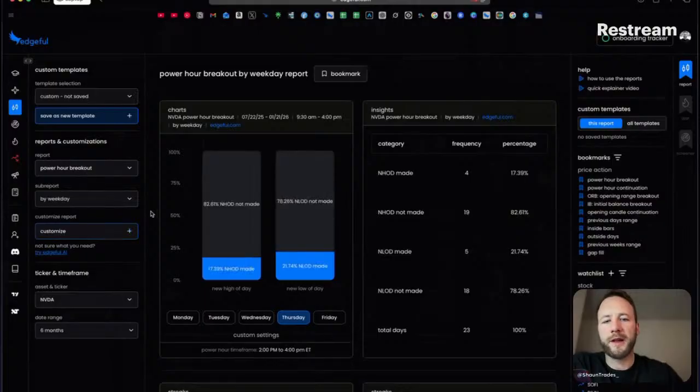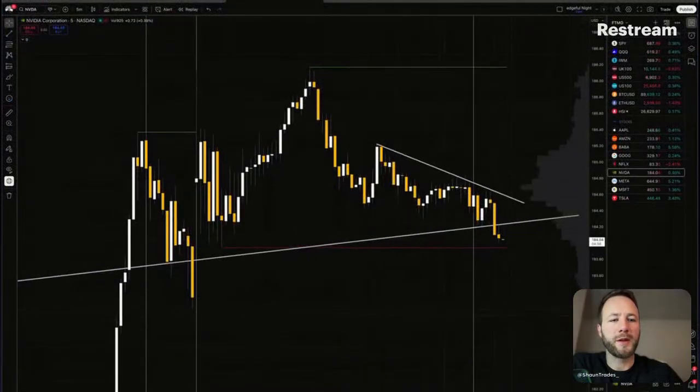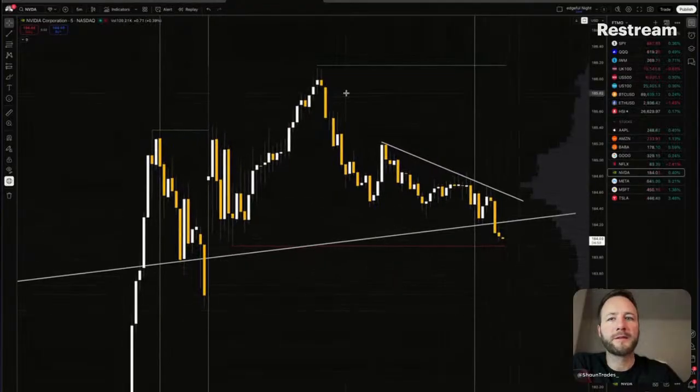What that does is filter out all of the Thursdays in the last 6 months, and the date range is at the bottom left corner. There's a 21.74, let's call it 22% chance, on a Thursday that a new low of day is made. So there's a 22% chance it comes back down below this line. I'm thinking with that candle there, it is very possible that it does that.